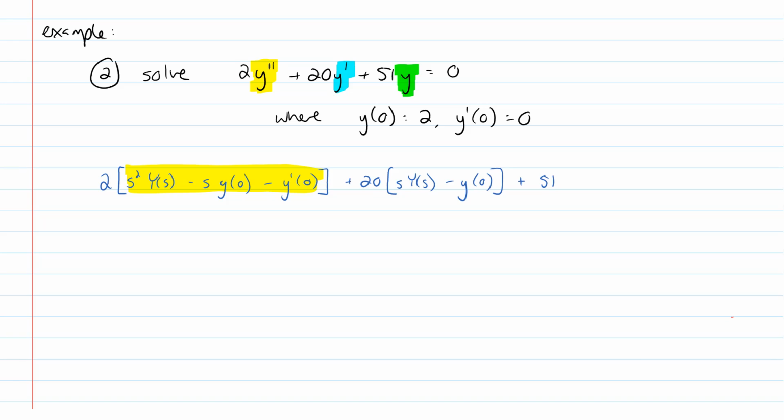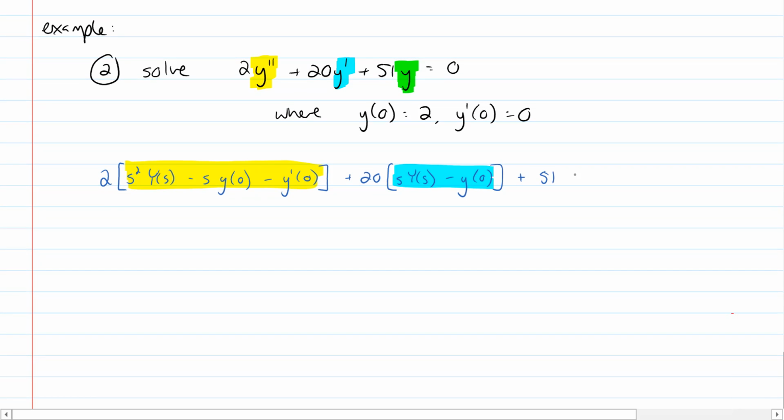Let me go back and highlight that everything inside these square brackets is the Laplace transform of y'. And then plus 51 times the Laplace transform of just lowercase y, which is uppercase Y(s), and that's equal to 0.